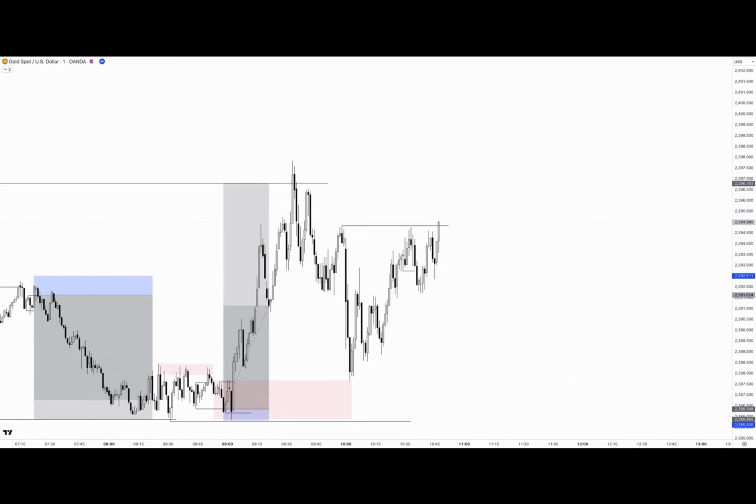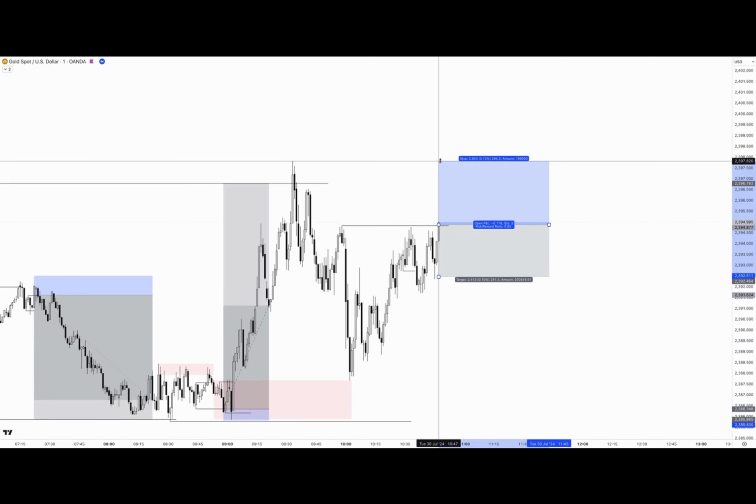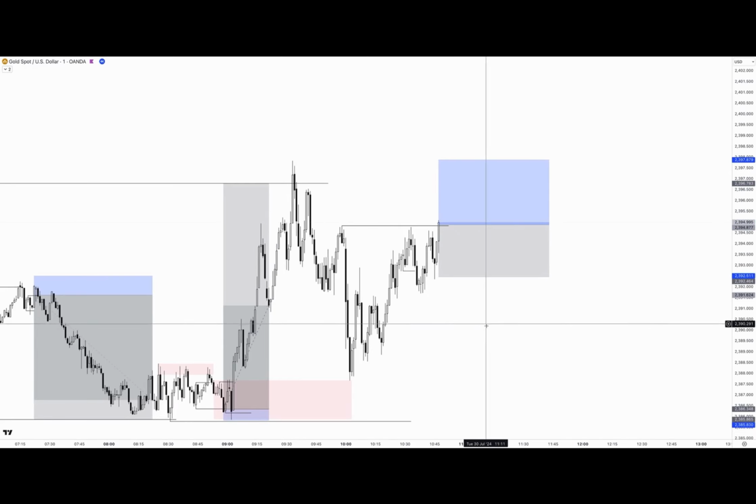Okay, so this is where we would enter. To be honest, keeping your stops above the high makes the most sense.